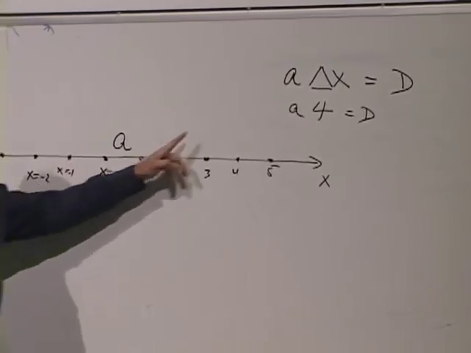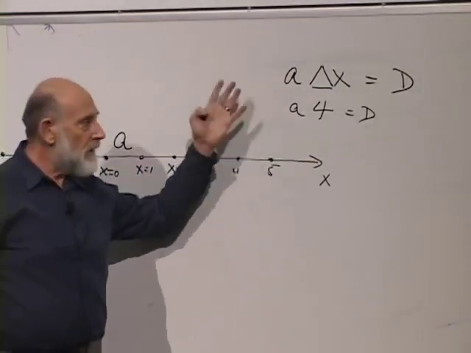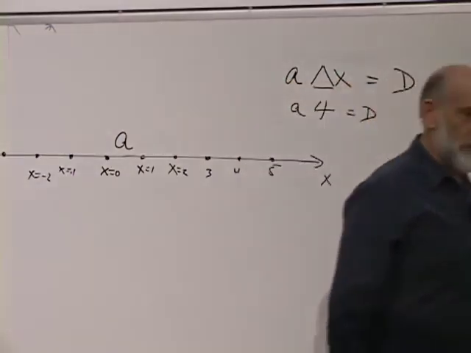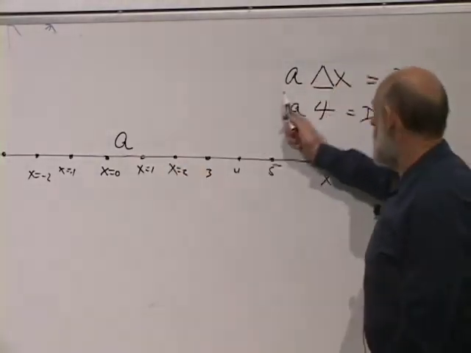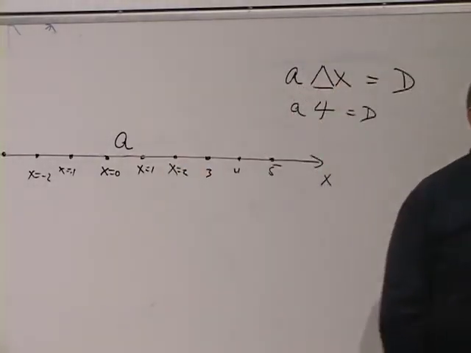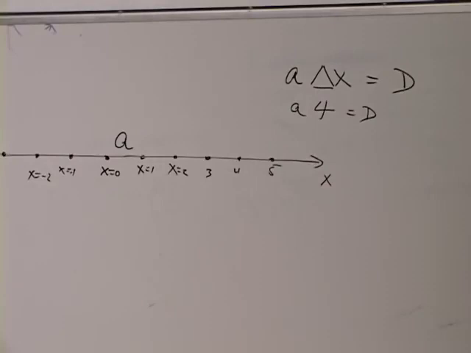That's also 4 times a. And so that's the notation. That's the notational thing we're going to do. Distance is the coordinate difference times a, and a has a name. It's called the scale factor.